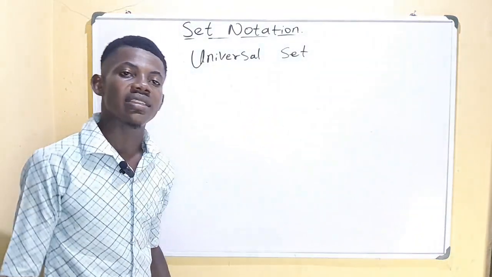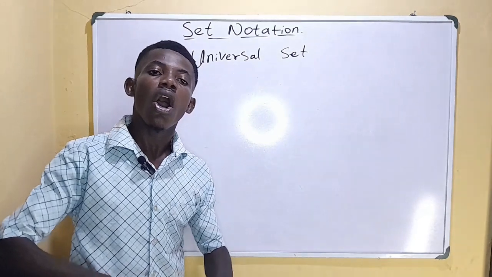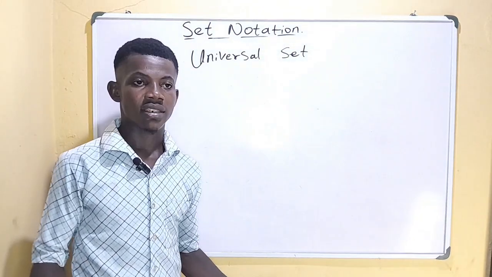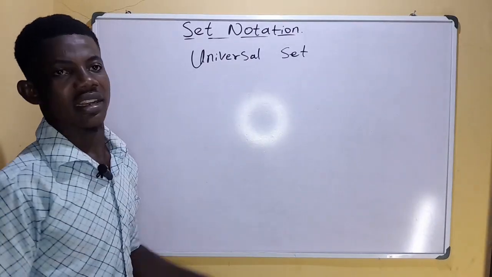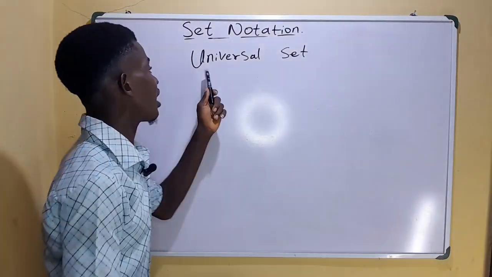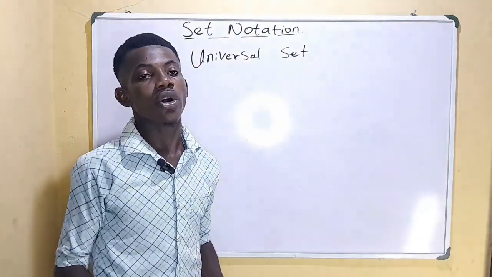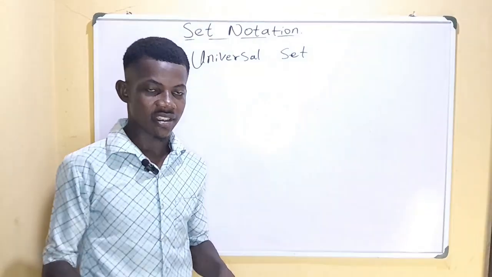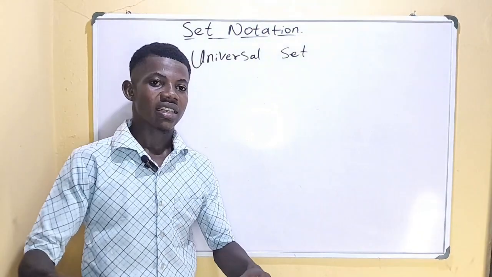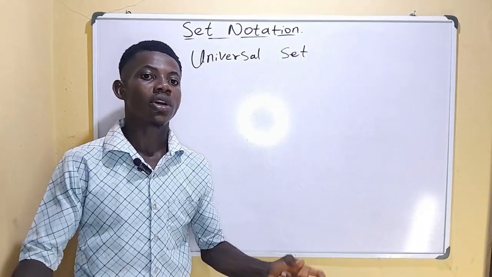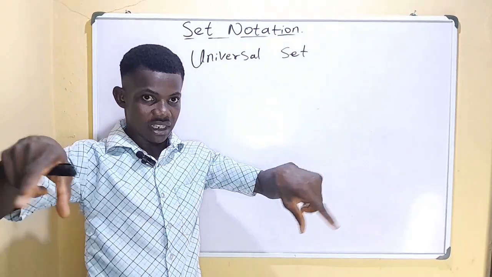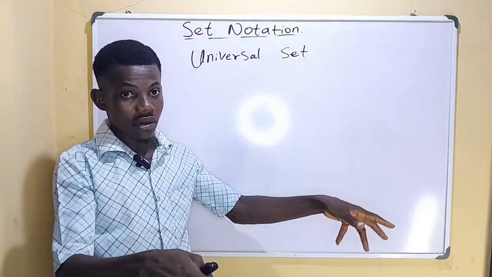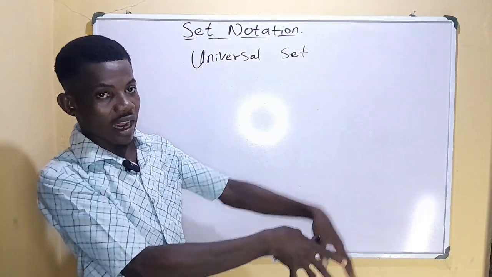Universal set is a set that contains all the elements under discussion. So, as an example of a universal set, let's use our country, Nigeria. Nigeria is a universal set containing all the states in Nigeria. Are you seeing it? Now, these states are sets on their own, containing towns inside each and every one of them. Inside each state, they have their own towns and local governments.